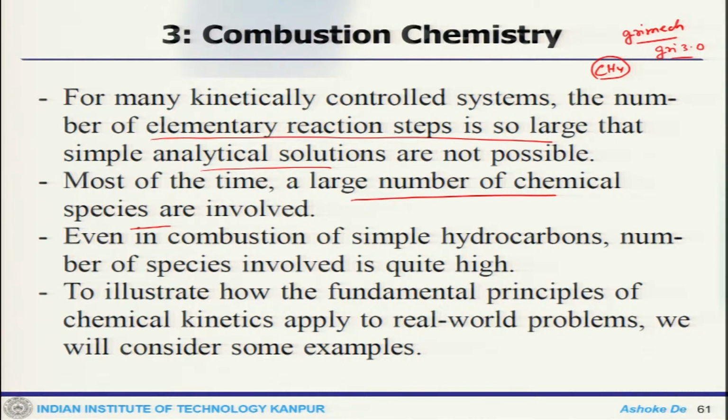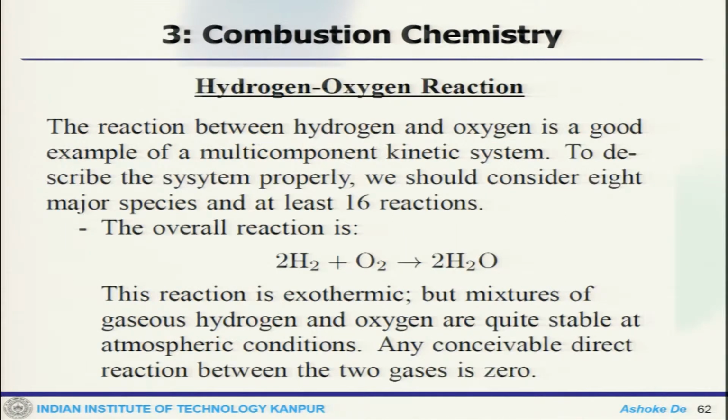In totality that becomes quite cumbersome for finding an analytical expression for the chemical time scale. Even for a simple hydrocarbon such as CH4, these numbers are quite high. So, how the fundamental principles of chemical kinetics apply to this, we will consider some examples here.